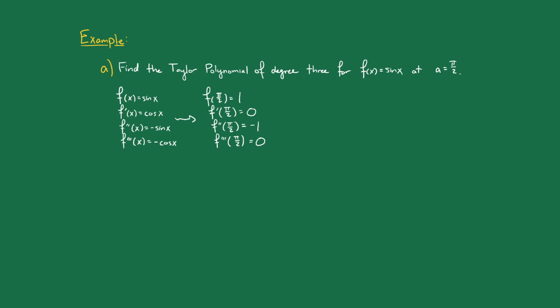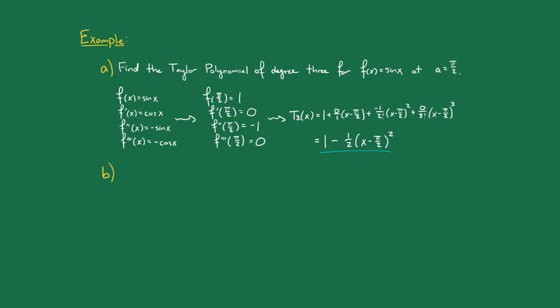Plugging this all into the formula for the third degree Taylor polynomial, we find that T sub 3 of x is equal to 1 plus 0 over 1 times x minus pi over 2 plus negative 1 over 2 factorial times x minus pi over 2 squared plus 0 over 3 factorial times x minus pi over 2 cubed. And if we forget the terms that are 0, we get that this is equal to 1 minus 1/2 times x minus pi over 2 squared, and so this is the third degree Taylor polynomial for sine of x at a equals pi over 2.